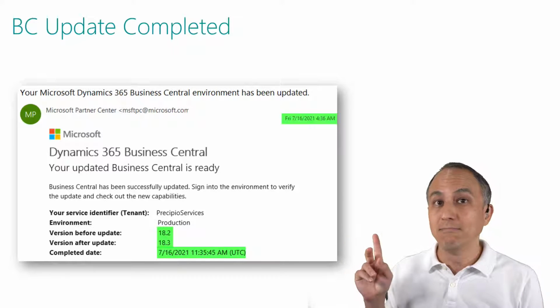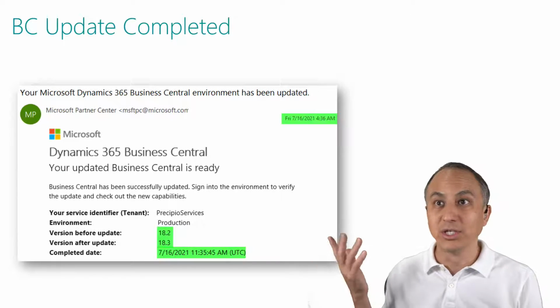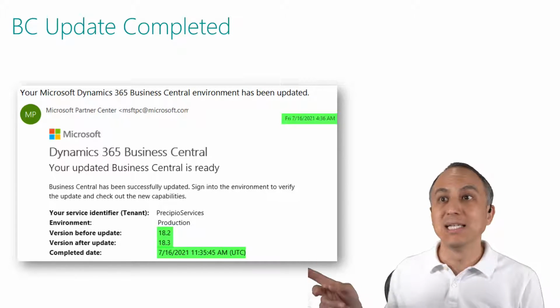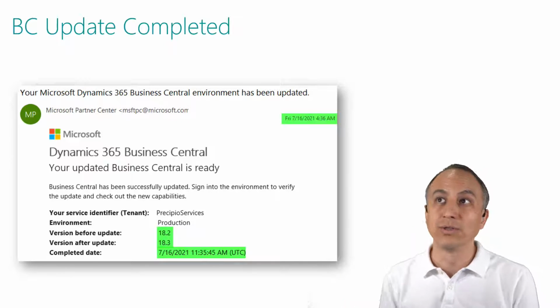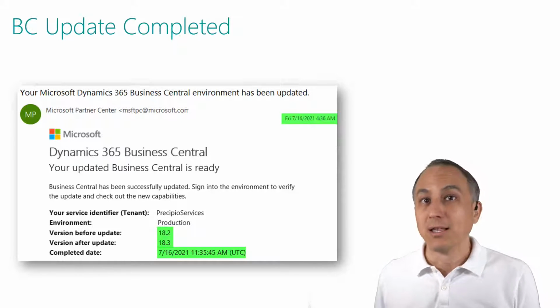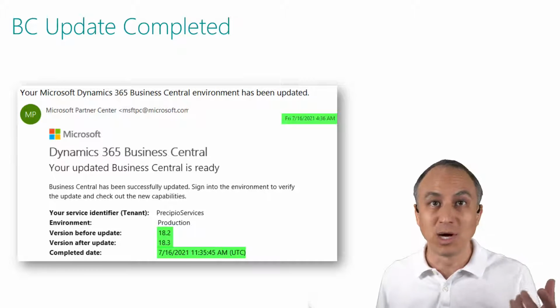So Friday, July 16th in the morning, I was on vacation. It updated at 11:35 a.m. UTC. I got the notification at 4:36 a.m. Pacific time, it looks like. So things happen fast in the BC SaaS world. So you'll want as much notification as possible.